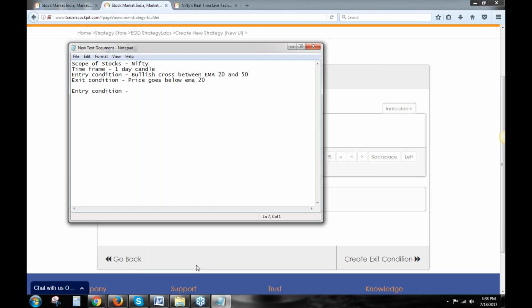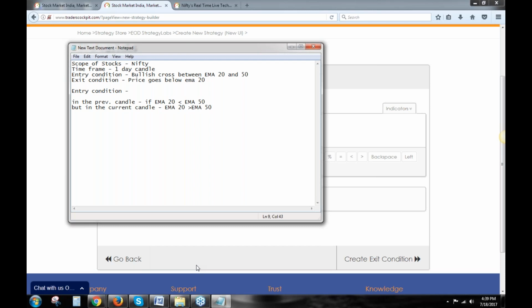A movement can be termed a crossover only if in the previous candle, I'll write it in short form, EMA 20 was less than EMA 50, but in the current candle EMA 20 came above, that means it went greater than EMA 50.